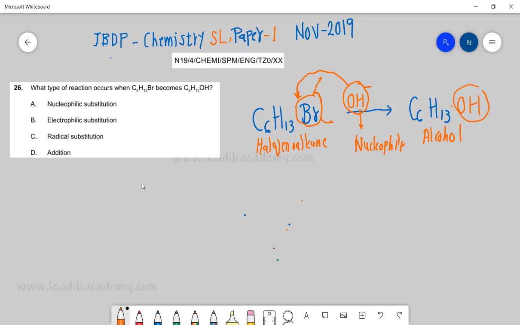So we call this reaction a nucleophilic substitution because it has substituted the bromine atom from this halogenoalkane and formed the alcohol. So the correct answer is option A. Very simple. And nucleophilic substitution reactions are very, very important. They are one of the characteristics of halogenoalkanes.